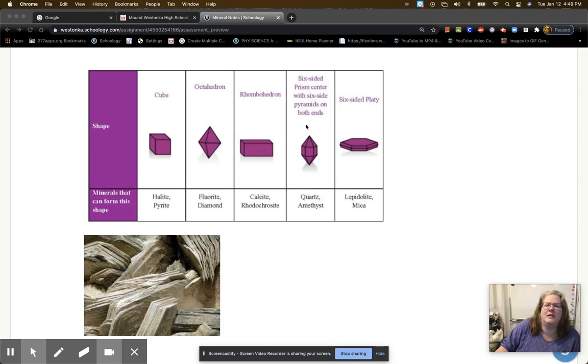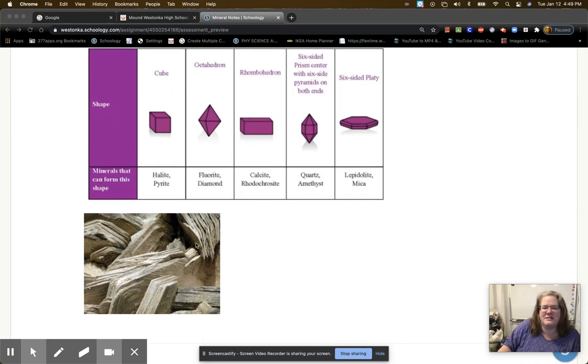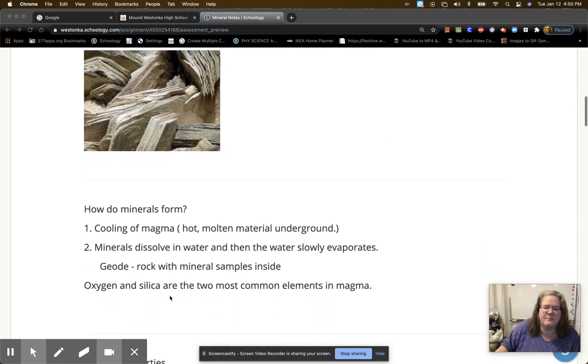A six-sided prism in the center and a six-sided pyramid on both ends is quartz and amethyst. Or a six-sided platy, which would be like mica. This is mica. You can tell it breaks in sections that are flat. There are no pointy ends here except maybe where it breaks on these corners, but not on the edges they grow, so nice flat planes.